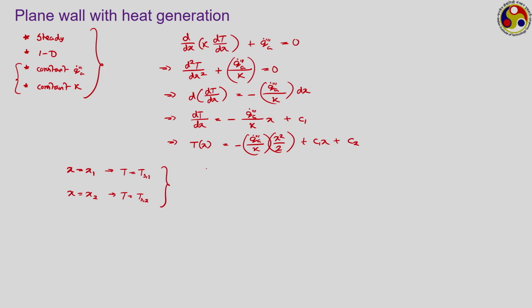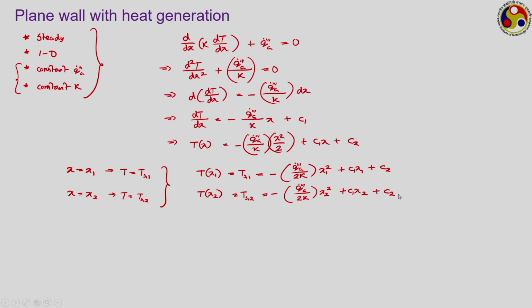Combining these two, we can write that T at x1, which is Ts1, is equal to minus qg dot triple prime upon twice k into x1 square plus C1 x1 plus C2. Similarly, T at x2, which is Ts2, is equal to minus qg dot triple prime upon twice k into x2 square plus C1 x2 plus C2.